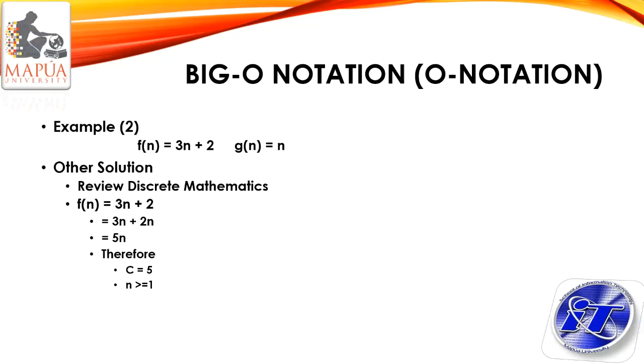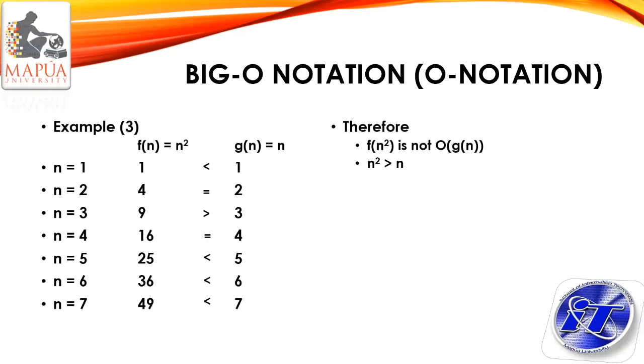So when we manipulate the original equation of the function, if we want to get a big O notation, we need to make it bigger. If you're going to change a certain term, you need to make it equal or bigger when you introduce a value or a variable. So that will be our second solution for example 2.